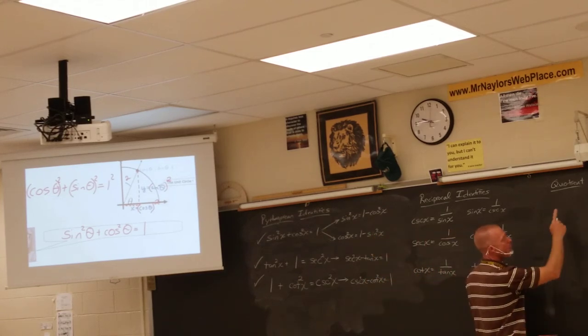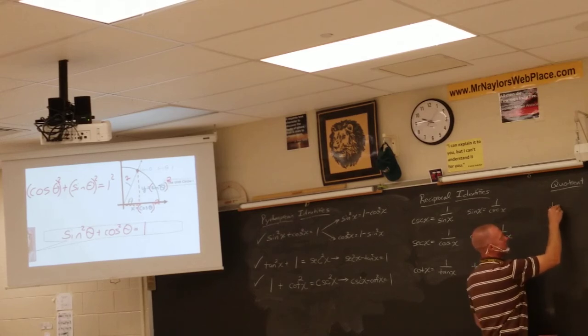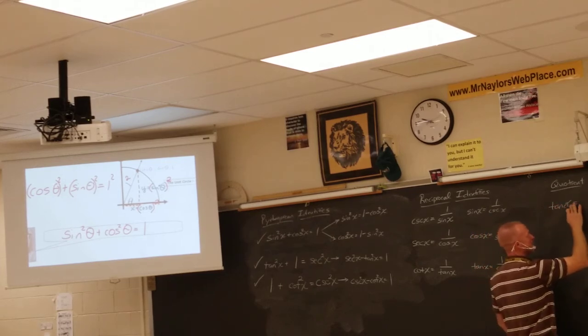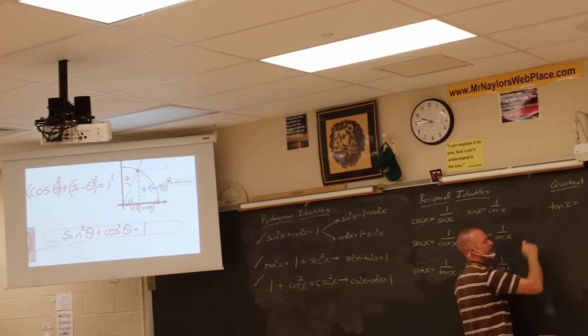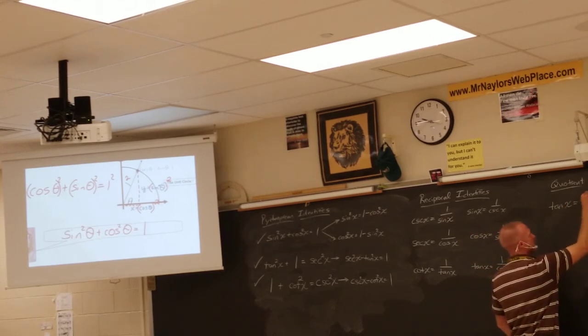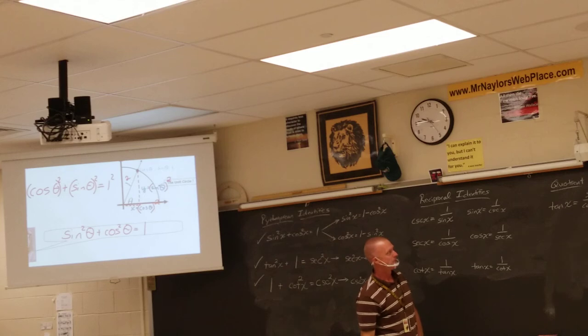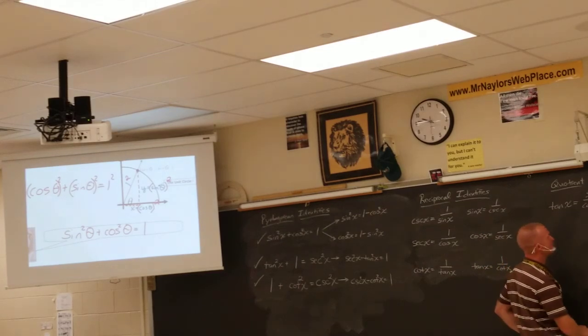Quotient identities. Quotient is a fancy word for division. Division is often shown as a fraction. So that's why tangent shows up, and we say that tangent is sine over cosine. Tangent is sine divided by cosine. Maybe you're already a little comfortable that that is true. 100% that's true.